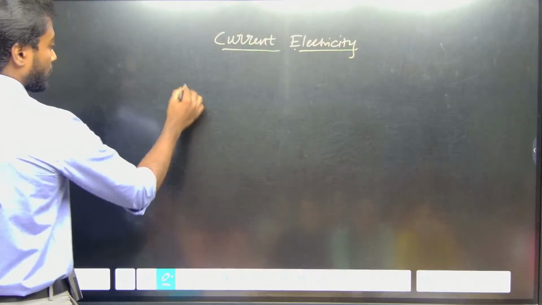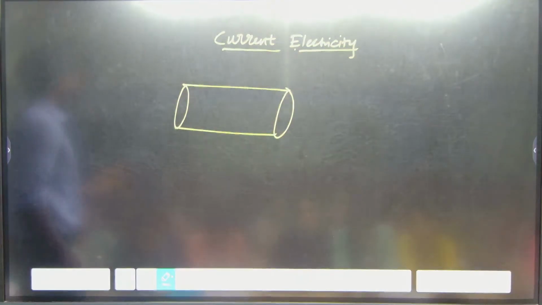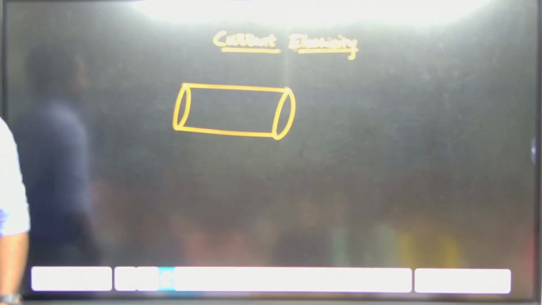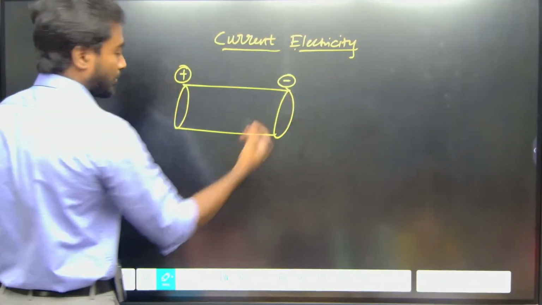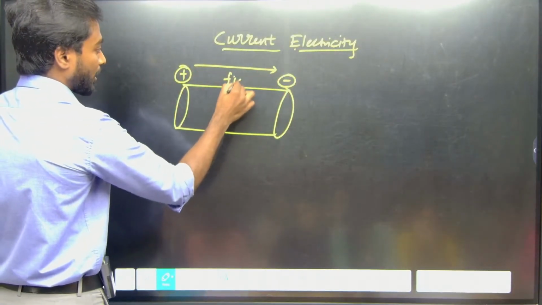So if I talk about the wire, the field direction and electron direction are opposite in nature. Field will be from positive to negative.